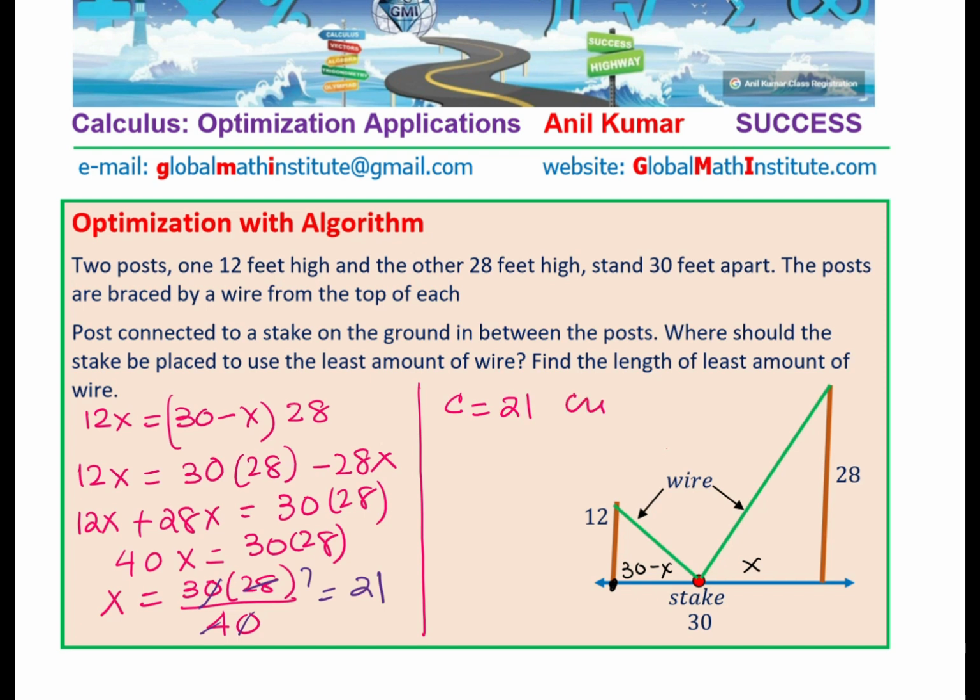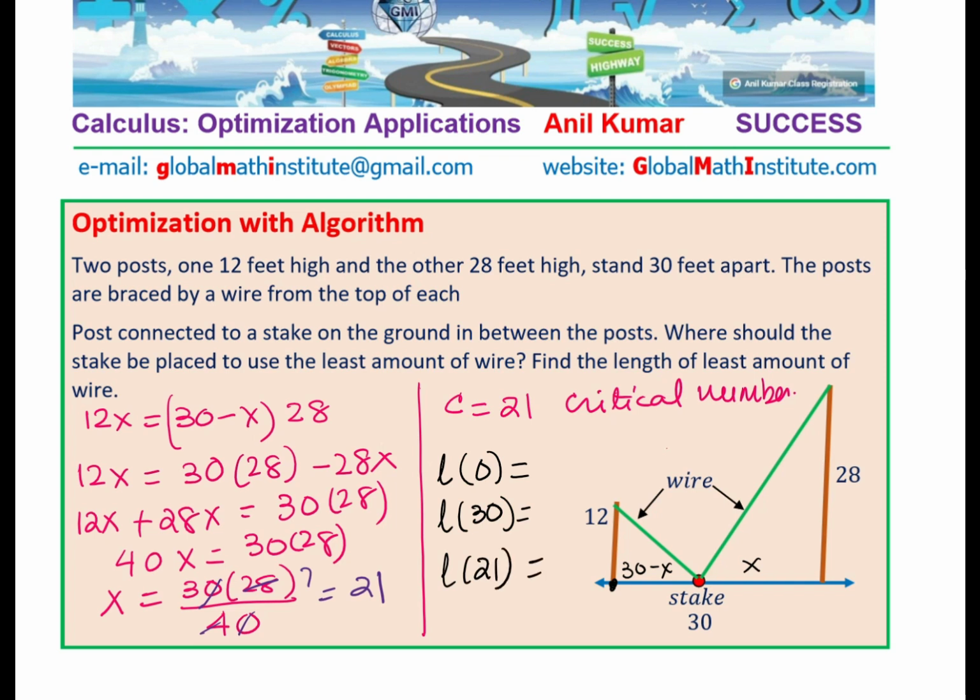Critical number. We need to verify whether this is minimal or not. That means we'll find the length when x is 0, we'll find the length when x is 30, and also when x is 21. Let's do it on the next page.